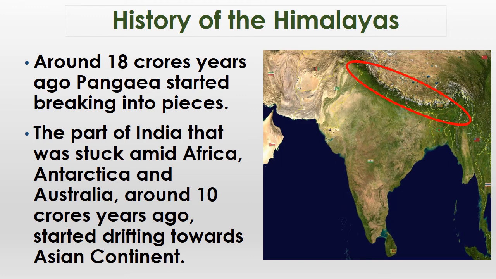So around 18 crore years ago when Pangaea started breaking into pieces, then the portion of India that was stuck somewhere between Africa, Antarctica, Australia, it started drifting towards Asia, the Asian continent. And when it started drifting towards the Asian continent, it suddenly hit Asia. It struck very hard.